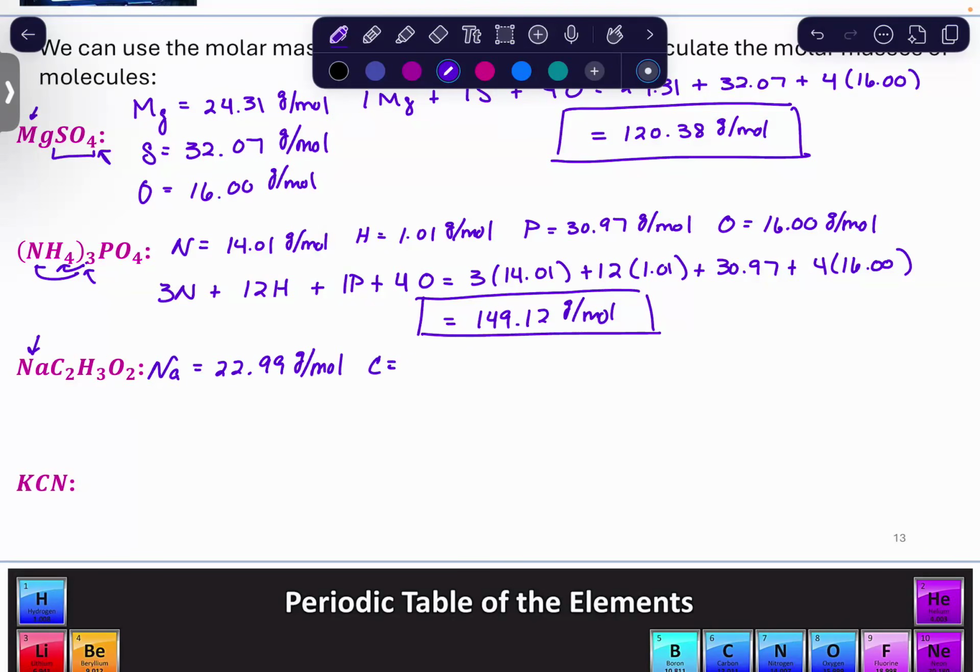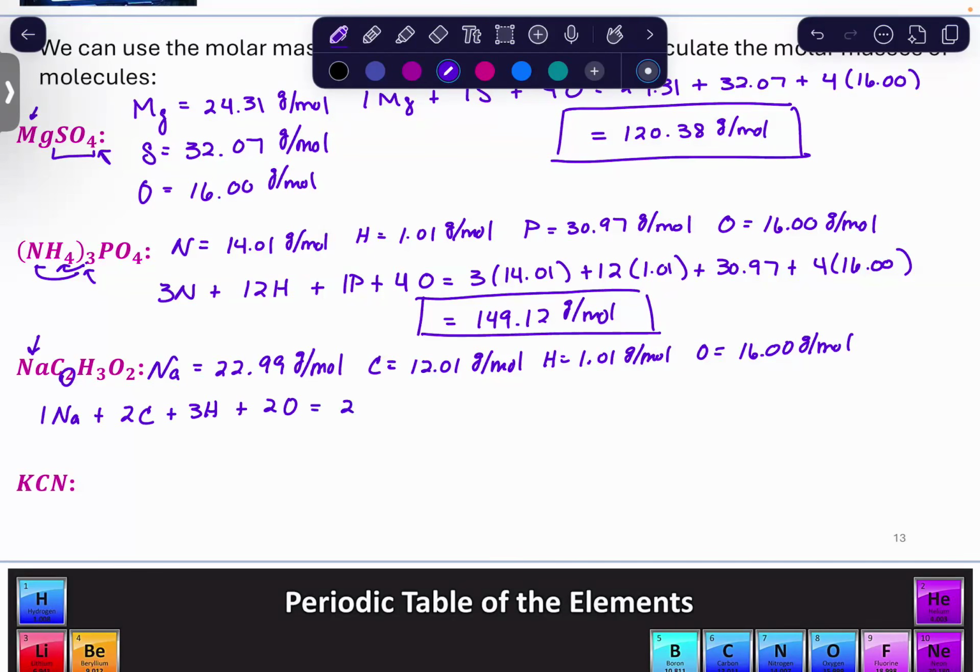Carbon, 12.01 grams per mole. Hydrogen, 1.01 grams per mole. And of course, oxygen is again 16 grams per mole. And then what do we have to add together? Well, we have to add the sodium, 2 carbons, 3 hydrogens plus 2 oxygens.